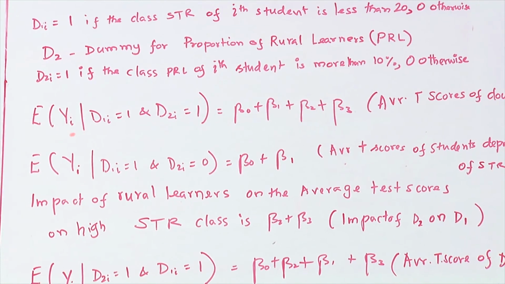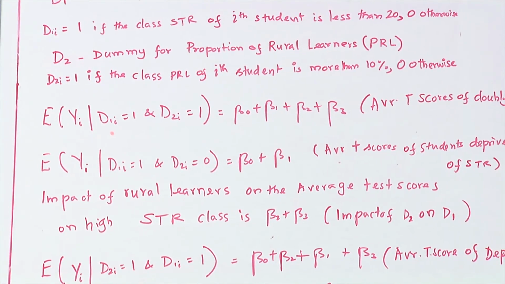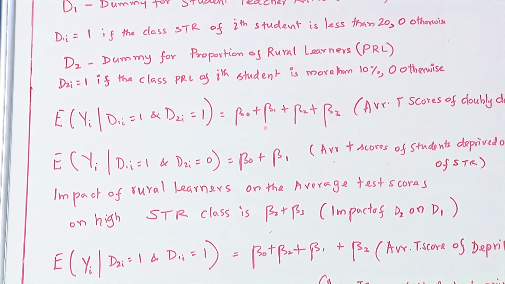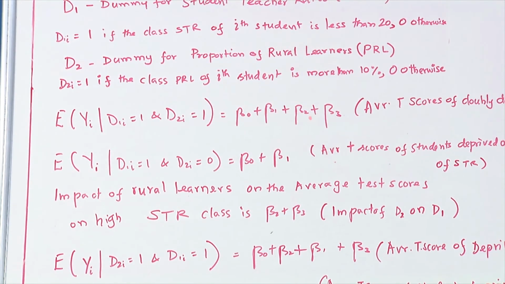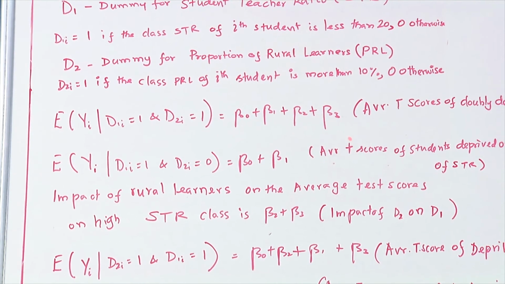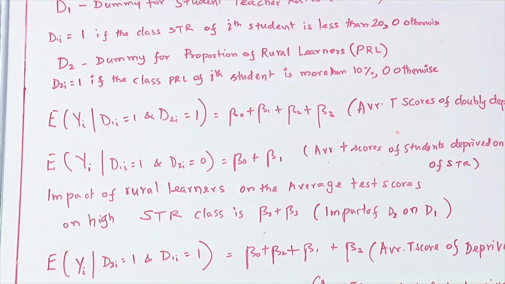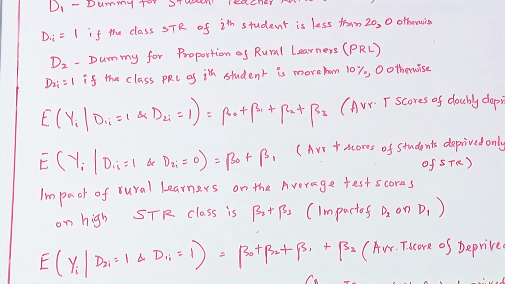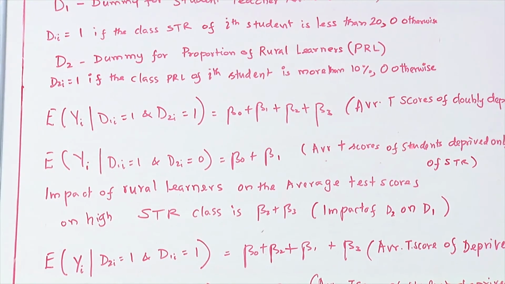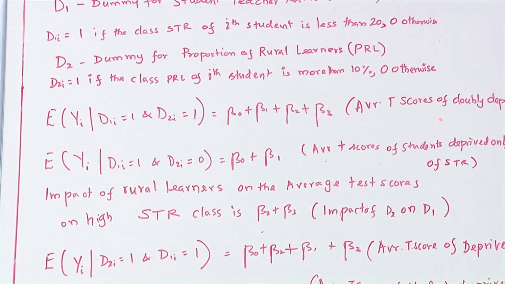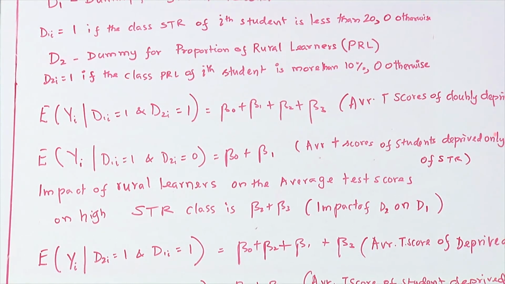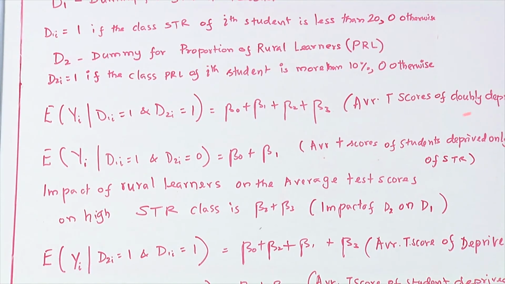The conditional average of yi given D1i is equal to 1 and D2i is equal to 1, that is beta 0 plus beta 1 plus beta 2 plus beta 3, that is the average test score of doubly deprived in terms of student teacher ratio and also in terms of high proportion of rural learners in the class.